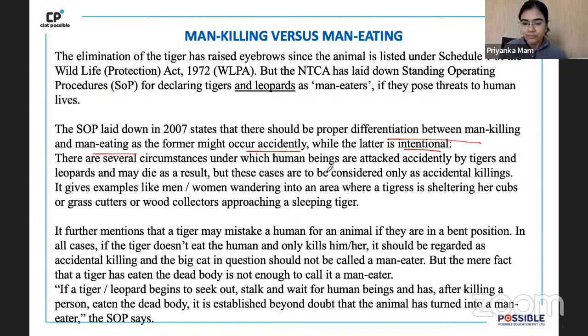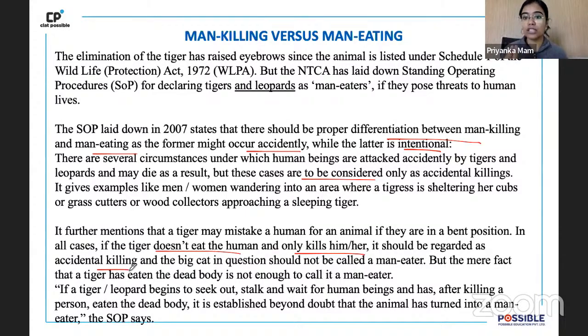Fine. Delhi. Okay, Vineet. So in this particular case, they said any accidental killing, we are not going to kill the tiger. Fine. So if you're bending, the animal might think that you are also an animal, right? Then they say if a tiger doesn't eat the human, only kills him, it is regarded as accidental killing.